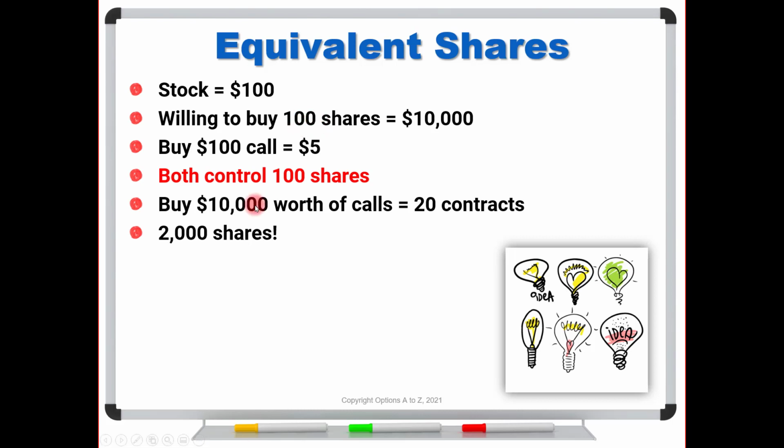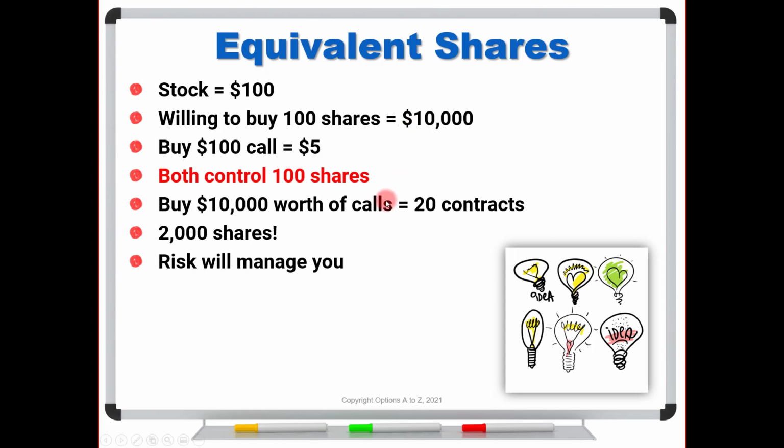And if you buy the same dollar amount, though, and are now controlling 2,000 shares, that's 20 times the size and the speed. Now, of course, on the way up, it's going to be a lot more fun, but it's going to be super painful on the way down. And what's going to happen if you do this? If you put the $10,000 into the call options, the risk is going to end up managing you. And that's why it's a really bad idea to trade in equal dollar values.